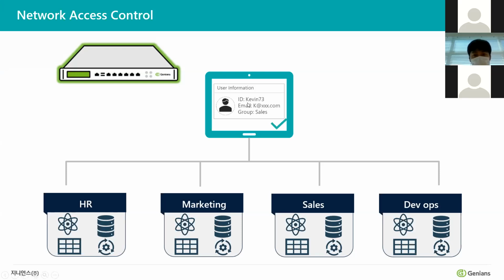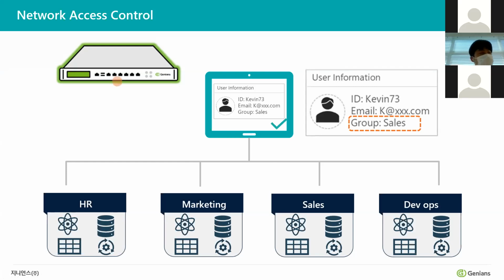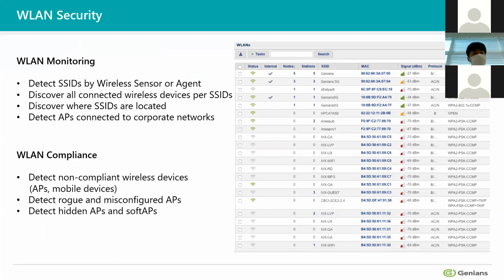The user ID Kevin73 is part of the sales group, meaning this person should access sales-related resources, not all systems. Okay, and then wireless LAN security.